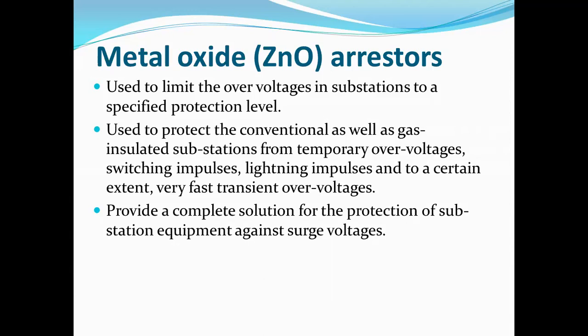We are already using these arresters in substations. That's why, even though there are so many lightning strokes, our substations still get protected, because we already install these surge arresters in the substation. But sometimes, if that lightning stroke is of a high value and it directly strikes the pole, then we cannot protect.